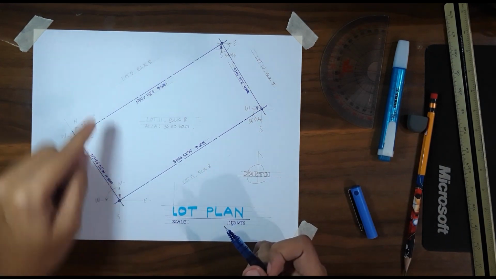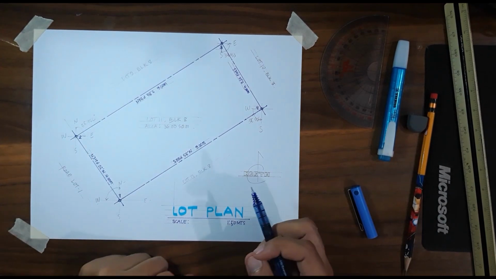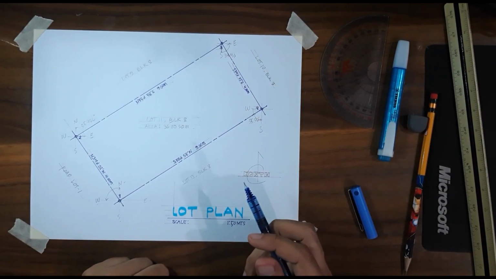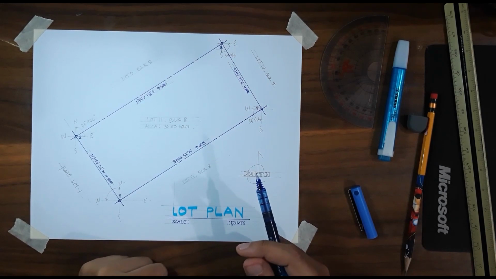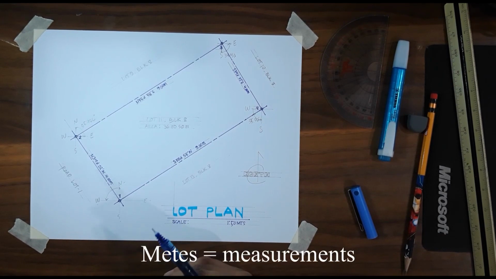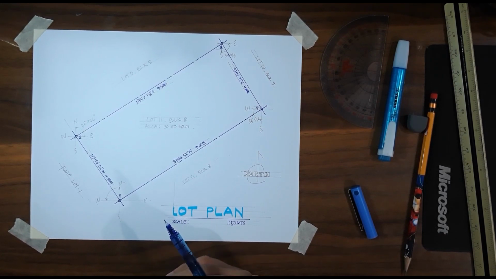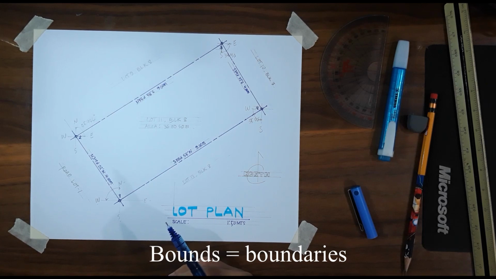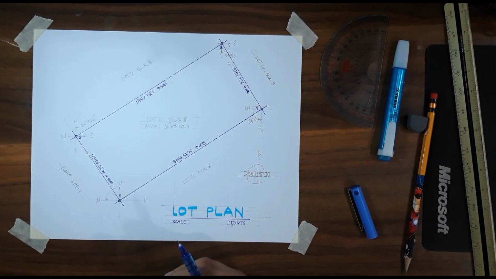Another thing, if you heard the term metes and bounds, it's the measurement and boundaries of the property. It's a technical term in surveying. Metes and bounds is like this.